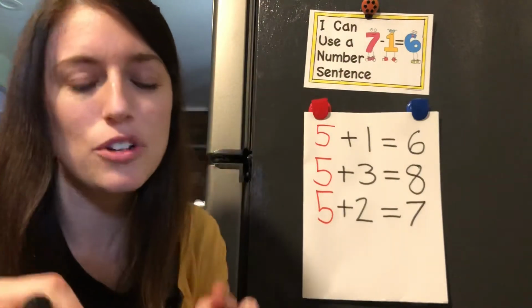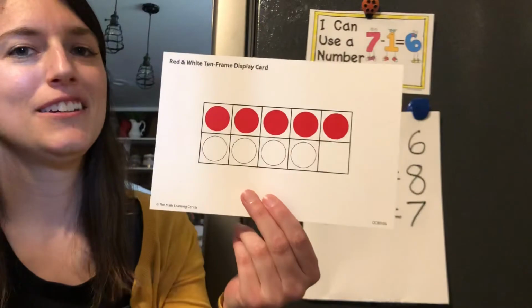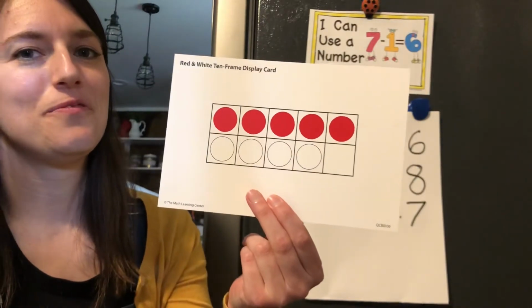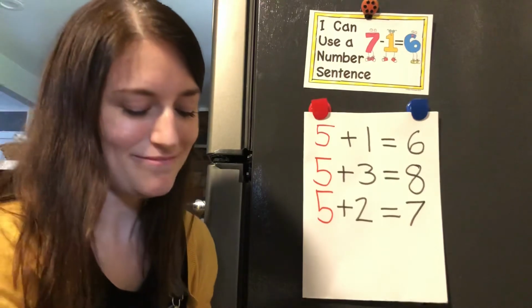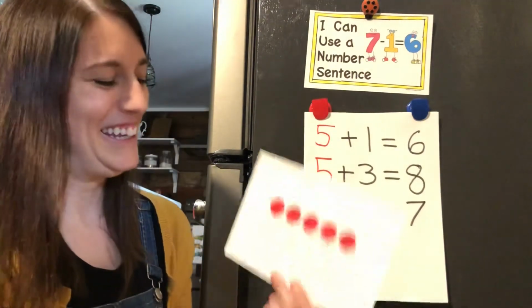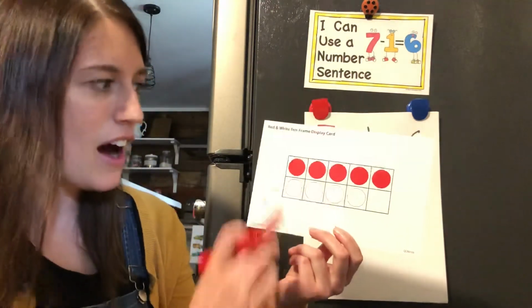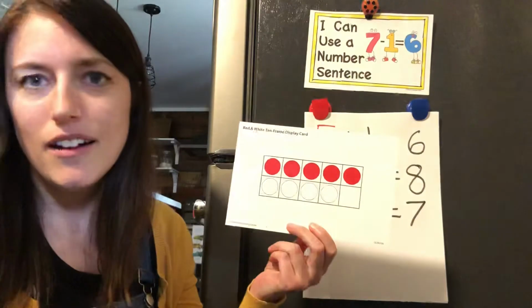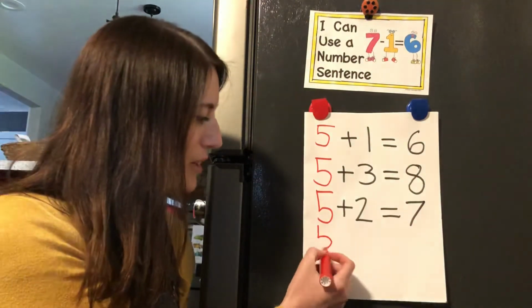I have 2 more for us. Okay, here it goes. Okay, now, did you build it or did you write your equation? Now let's see if we can write it together. Again, I see 5 red dots on the top. Okay, start with that 5.